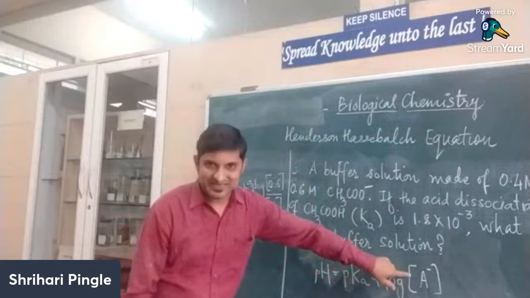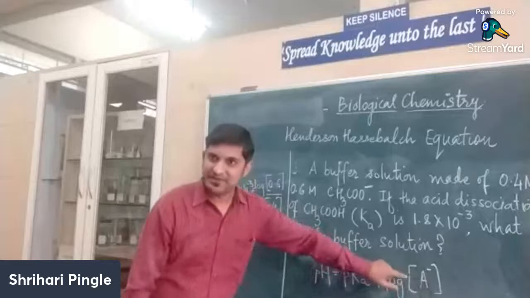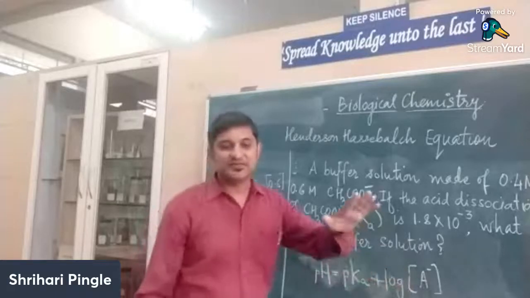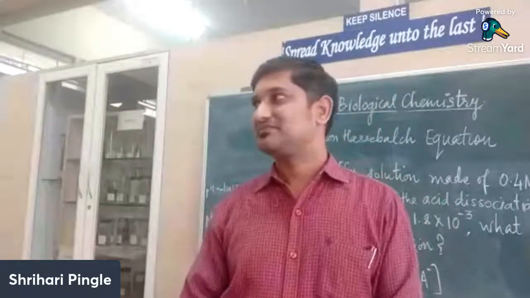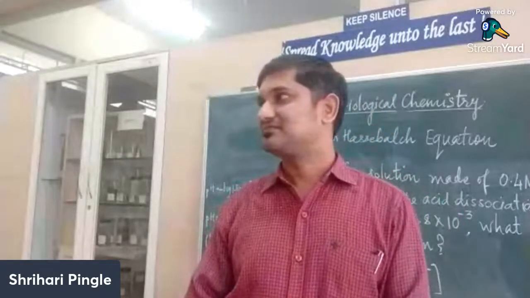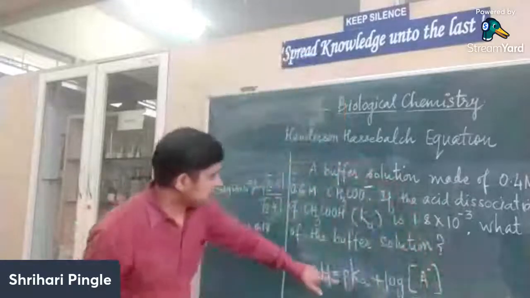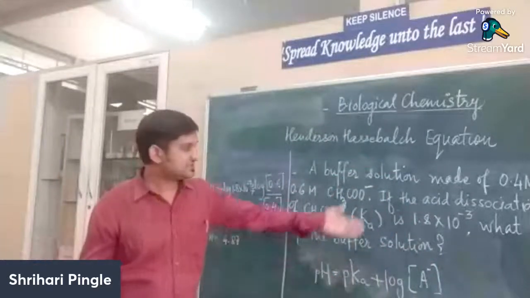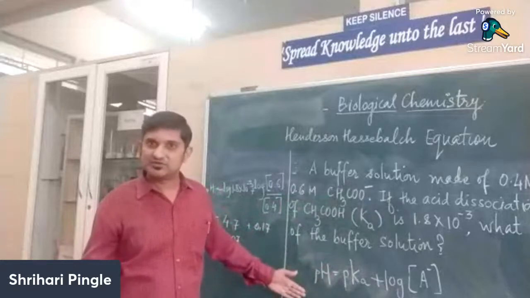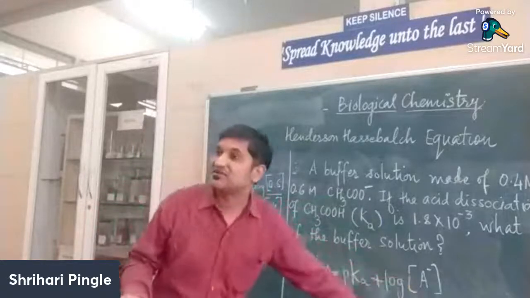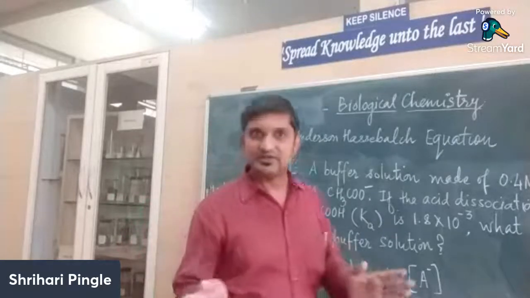Ratio means proportion: conjugate base to weak acid, if the pH is given. Since pKa is a constant, like for acetic acid, it is available to you. If you know the pH of the given solution, then what you can calculate is the ratio of conjugate base to the corresponding acid. Am I right? Right.